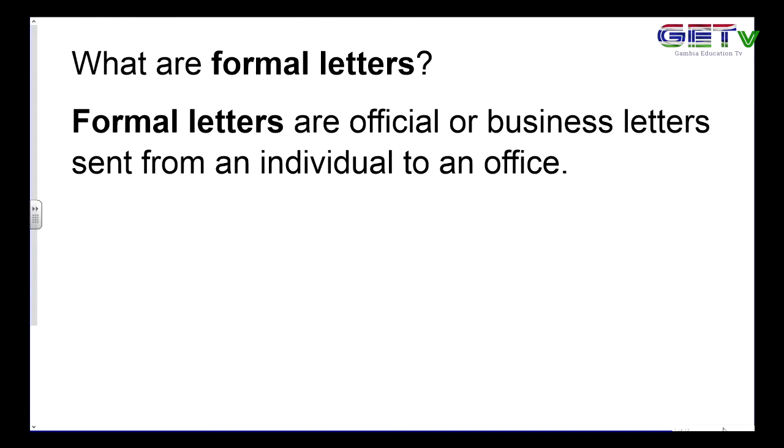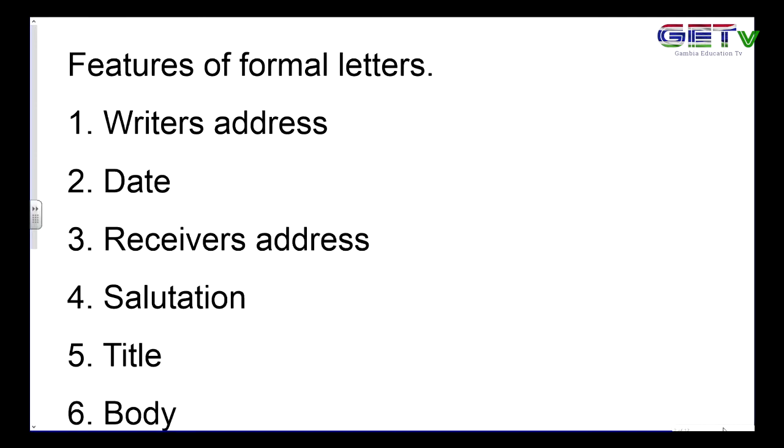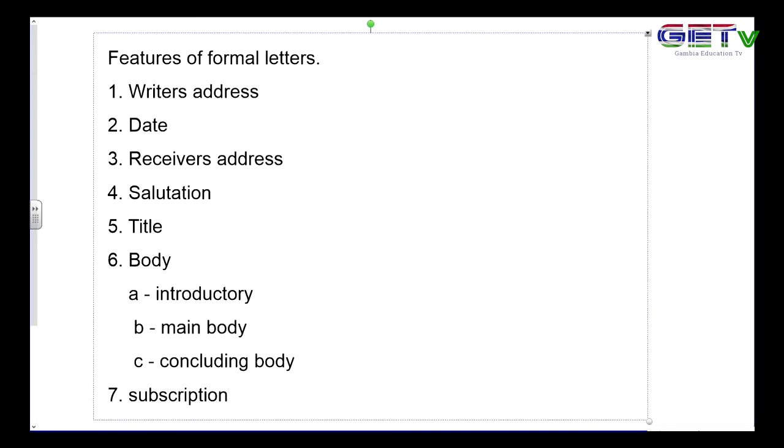But this one you are writing to somebody whom you don't see or you have never met before. So it is very important to take note. In the informal letter, we have only one address, and it could be straight or slant.